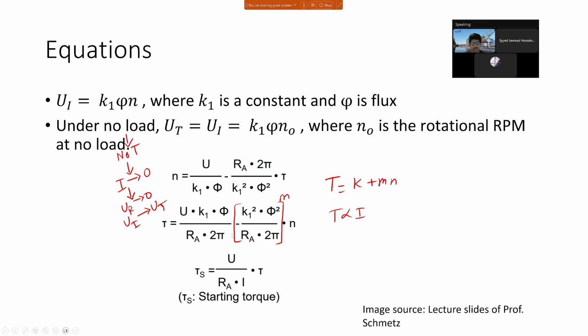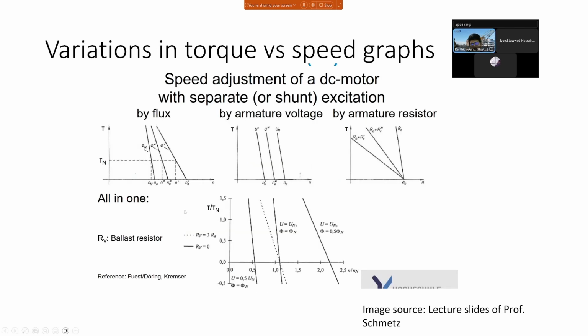Torque is still going to zero irrespective of what armature resistance you have at full RPM. But in the T versus N curve, the slope itself is changing and also the constant. That is why the y-axis intercept, which is given by the constant, is changing. So the starting torque is changing.